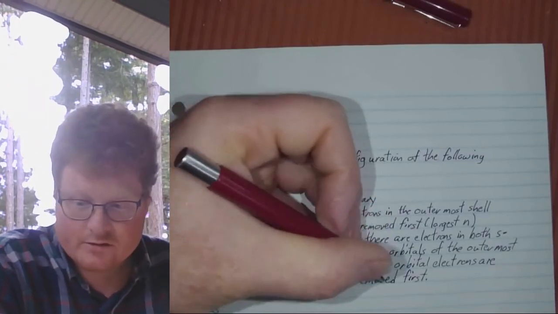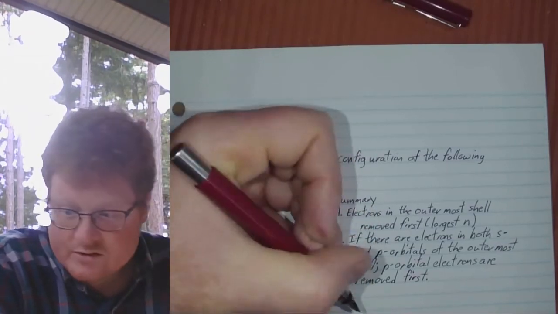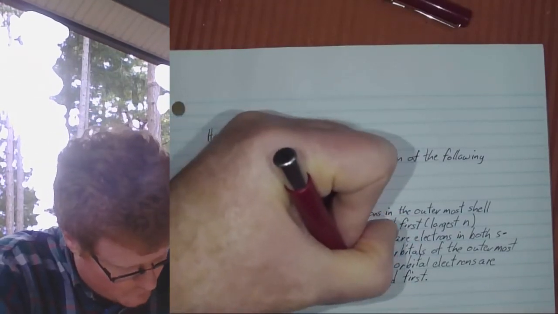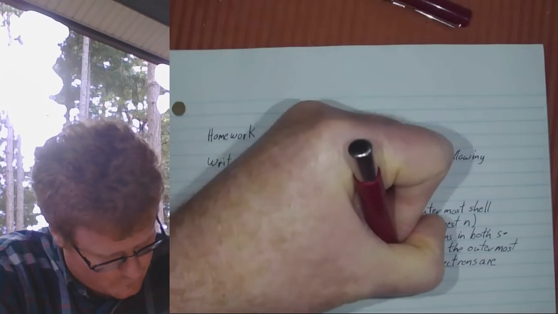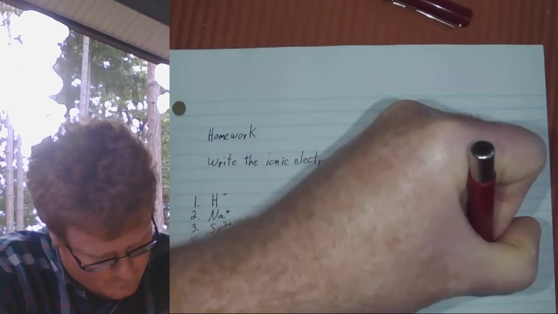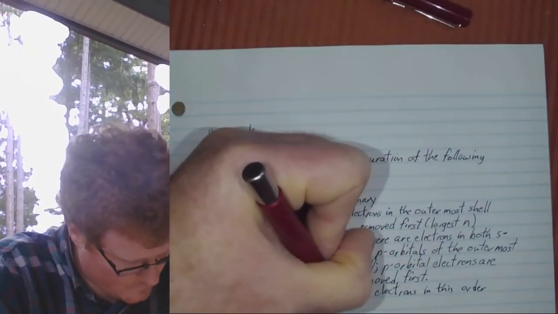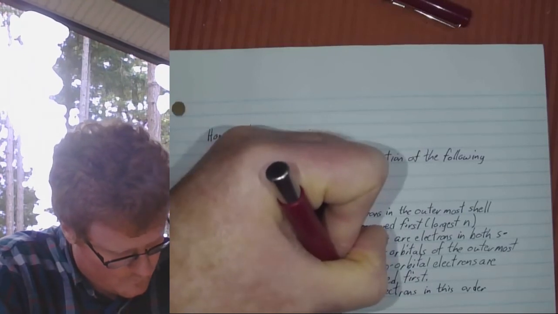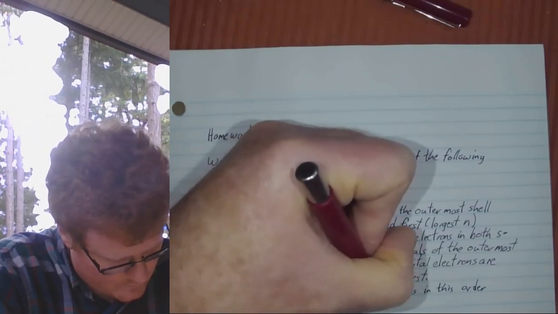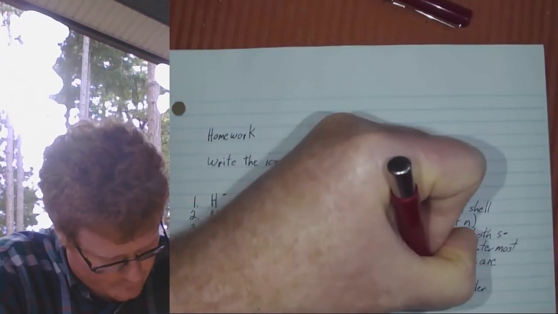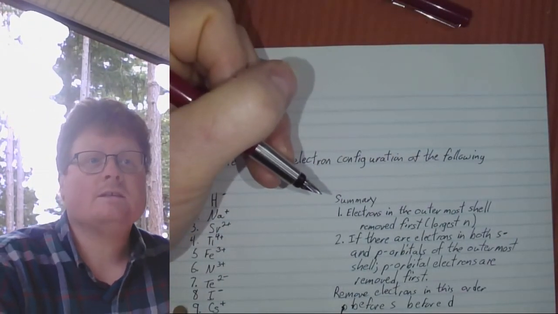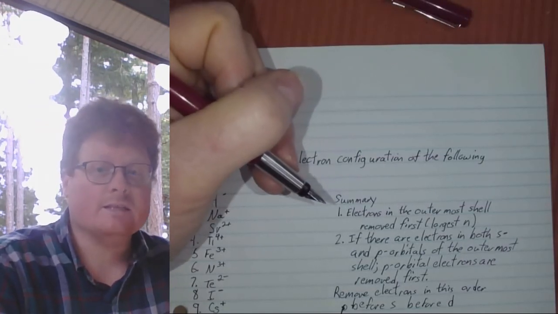So in summary, you can say remove electrons in this order: P before S, before D. P electrons first, S electrons second, D electrons last.